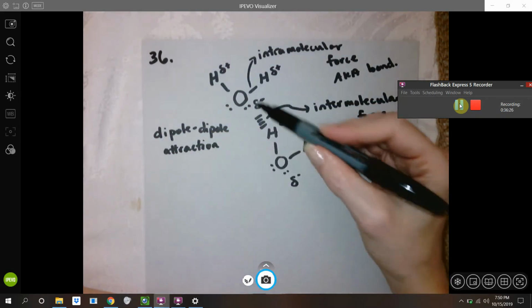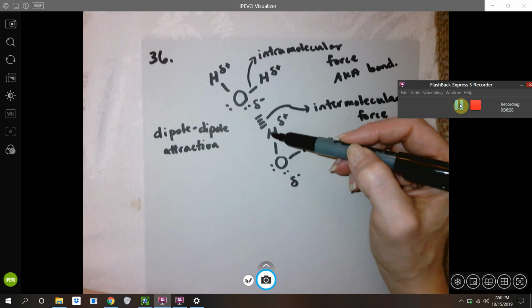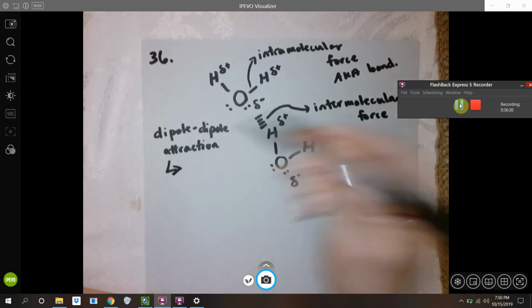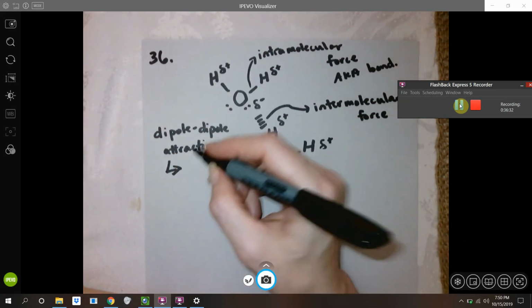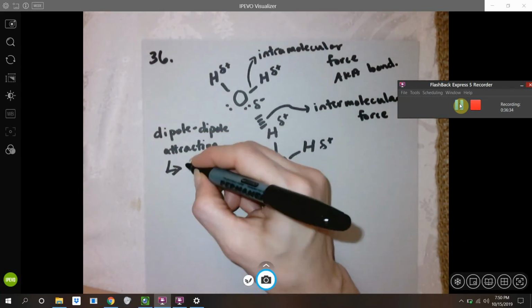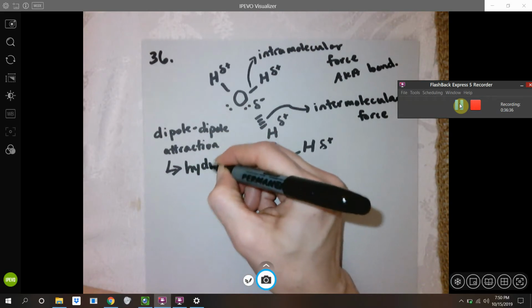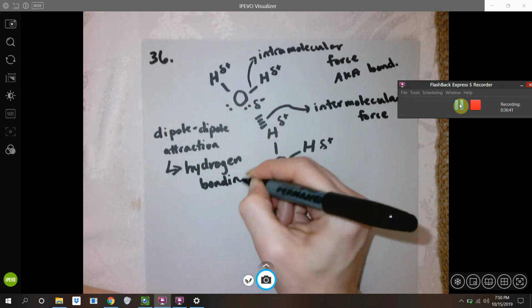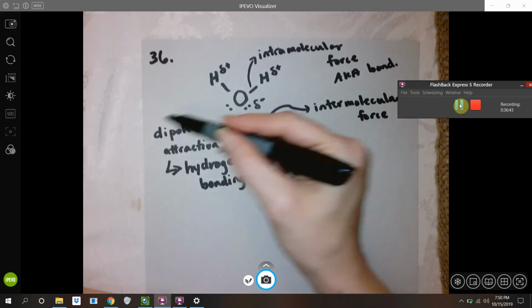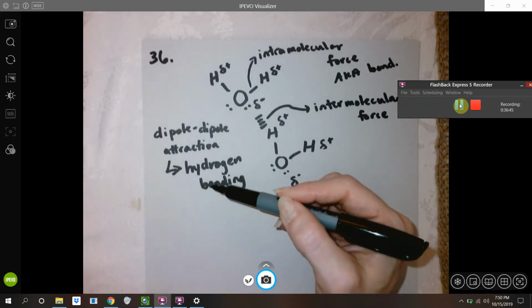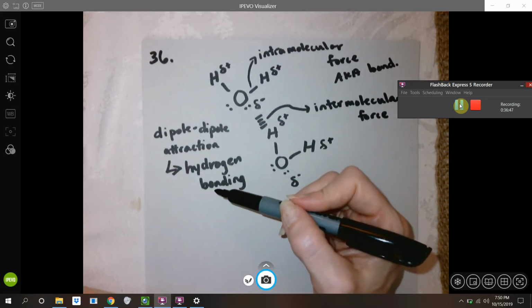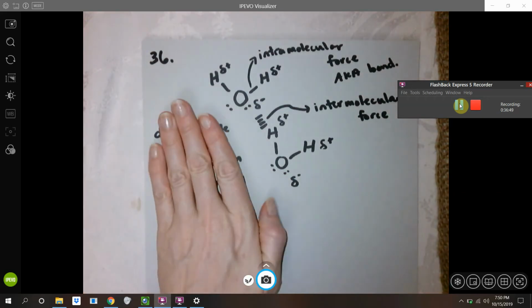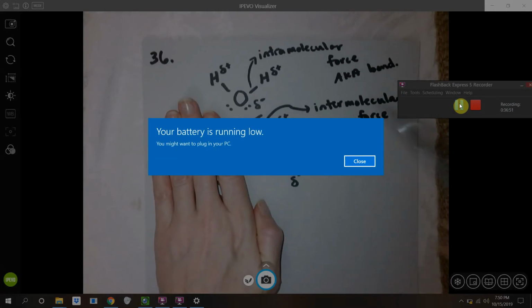And because it's between oxygen and hydrogen, it's a special kind that's even a little bit stronger that we call hydrogen bonding. Now this part about what kind of force is a little bit extra to the question, but I wanted to add it just to give you a little reminder in there. So all you really need is this part and an explanation.